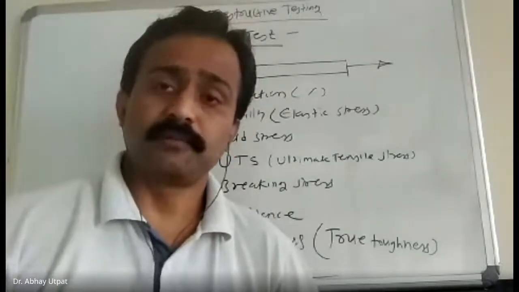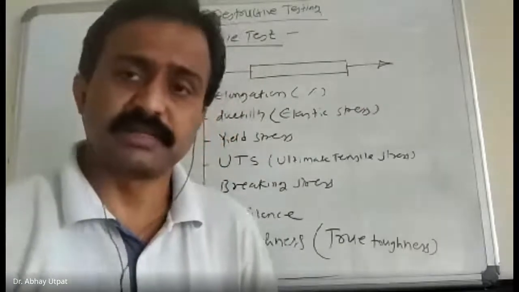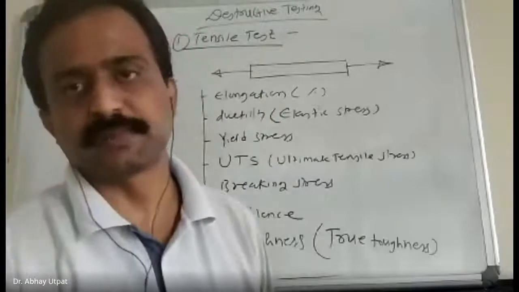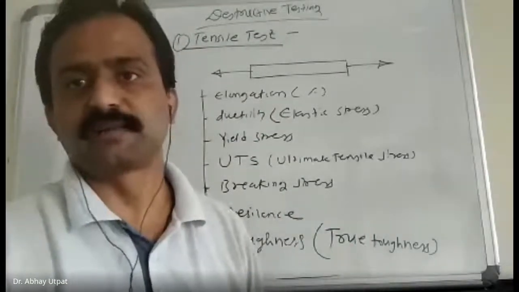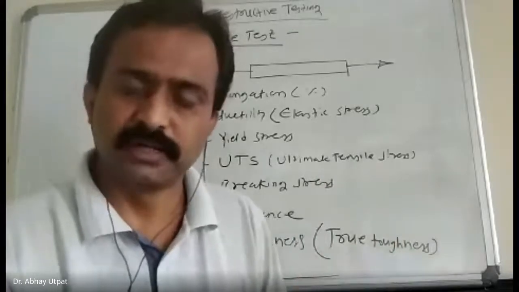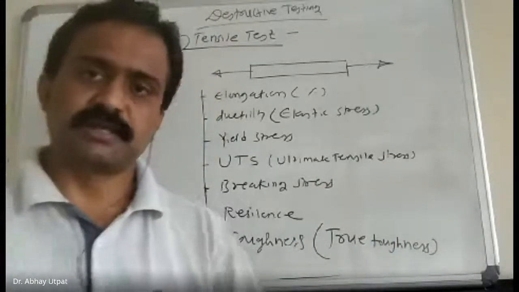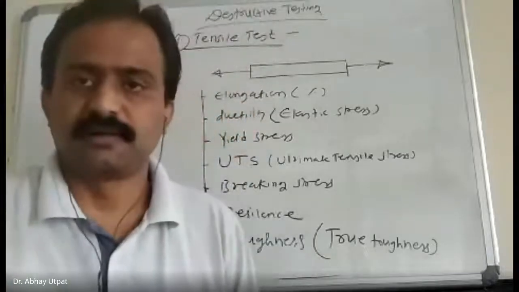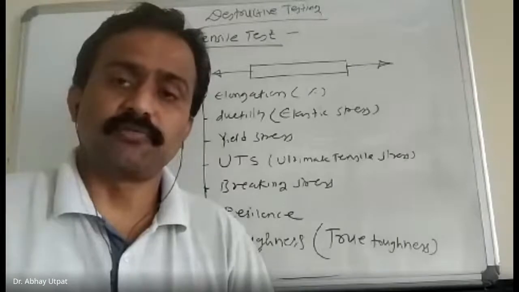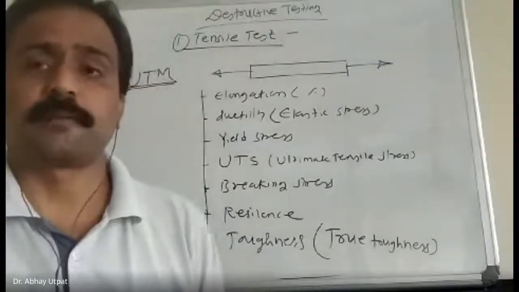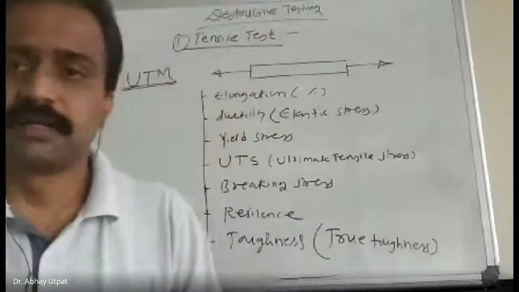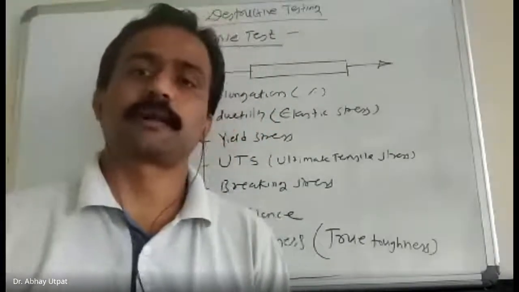One more machine is in our campus in the Diploma College. Now both machines are universal testing machines. One is a digital machine and another is an analog machine. We'll directly take the experiment on the digital machine, which is attached to a computer. A universal testing machine has a capacity of how much load it can apply. The analog machine is of 40 ton capacity, the digital machine is of 100 ton capacity.